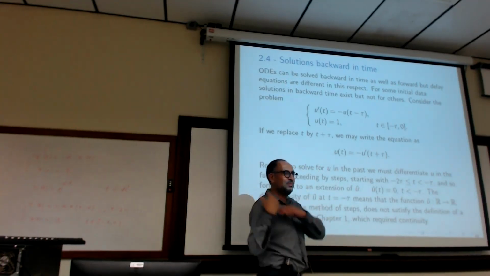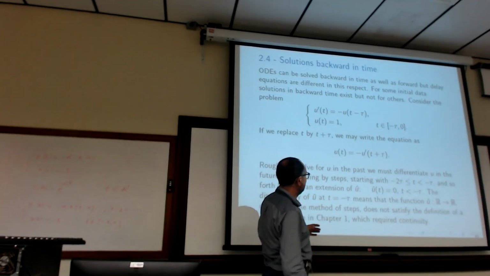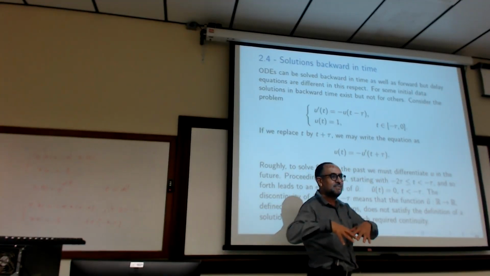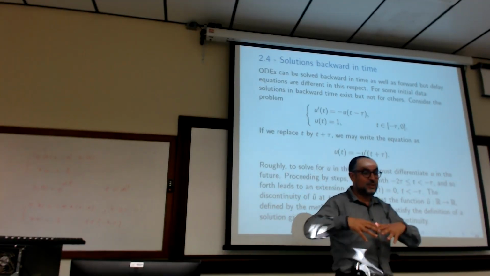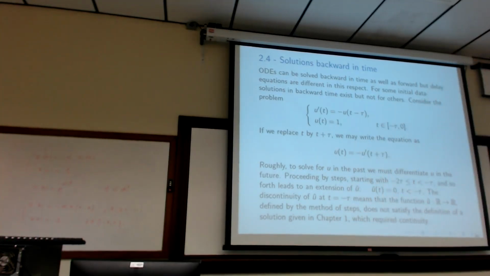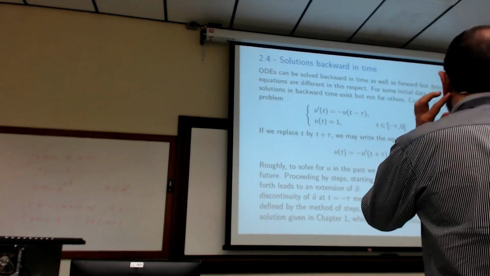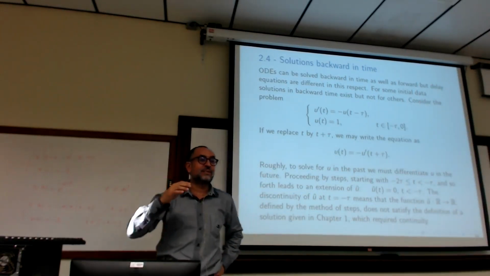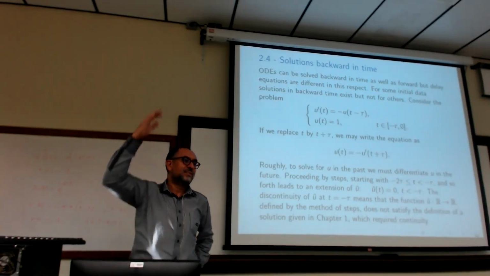Because if you want to come back to the negative part, you have to take the derivative of the initial condition also. This is why if the initial condition is not regular, you cannot do it, and you are blocked. If you put a regular initial condition, you can come back and go far, but you can never go to infinity.